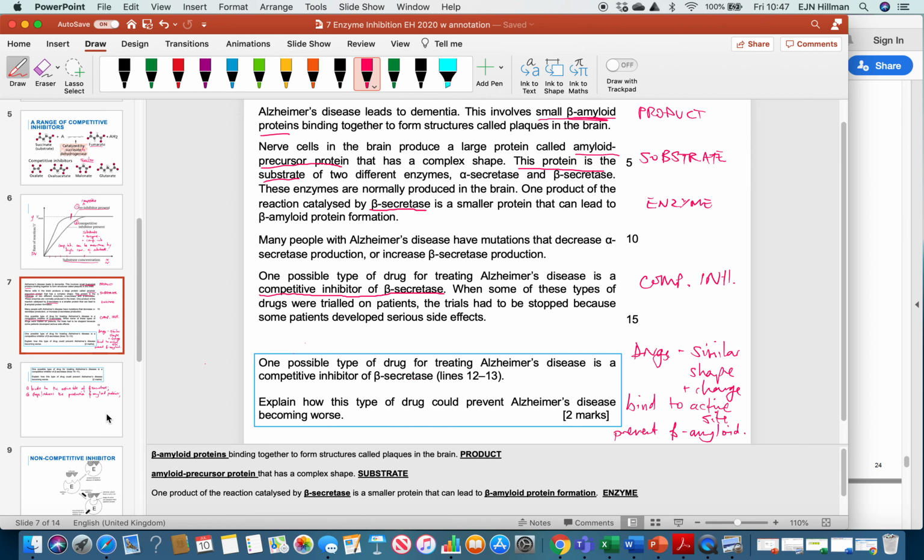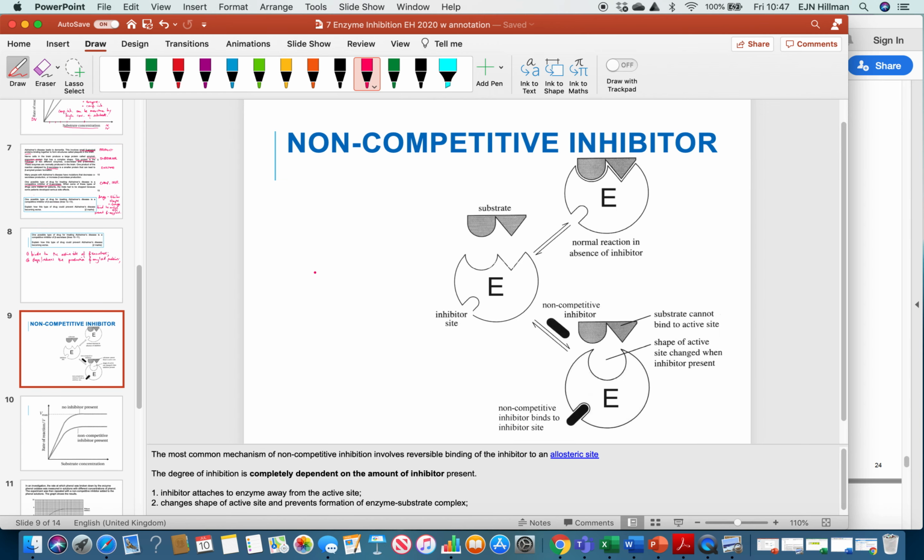So that's competitive inhibition. Another type of inhibition, or the other type, is a non-competitive inhibitor. Non-competitive inhibitors usually involve a reversible binding of a molecule at a site away from the active site. So remember, in competitive inhibitors we always refer to binding to the active site.